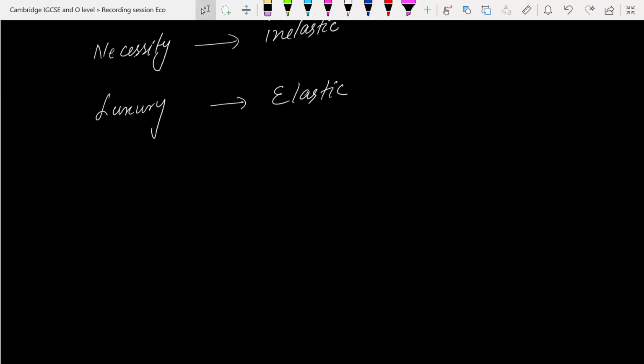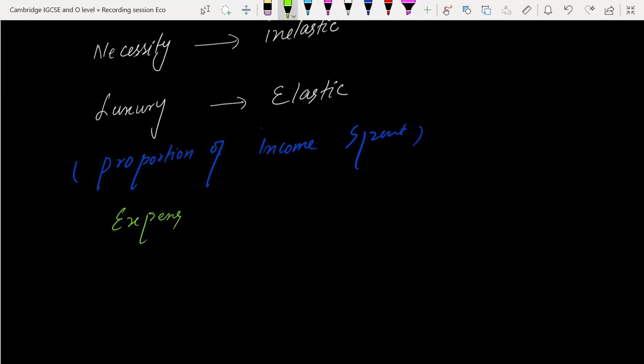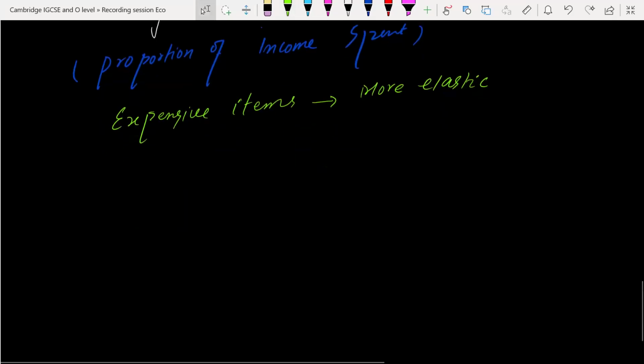Next one, proportion of income spent. Expensive items are more elastic. The consumer will be more sensitive about that.